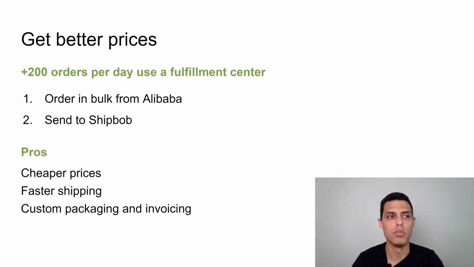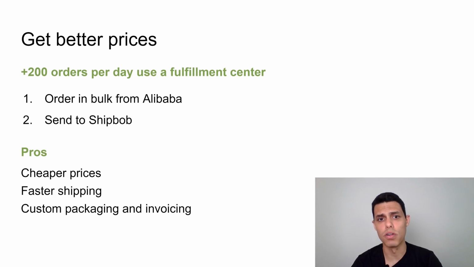Let's say you sell 200 units per day. You can confidently project how many units you sell in 4 weeks or in a quarter, and you can order that amount from your supplier, and you're gonna get a better price, and it's gonna be so much easier for you to start scaling your brand, okay?